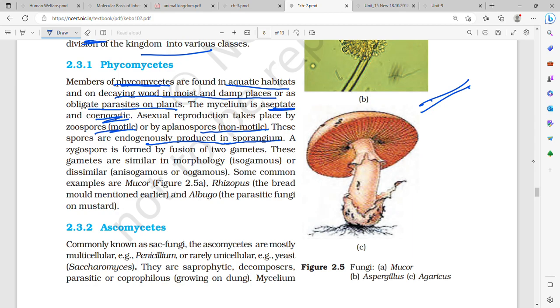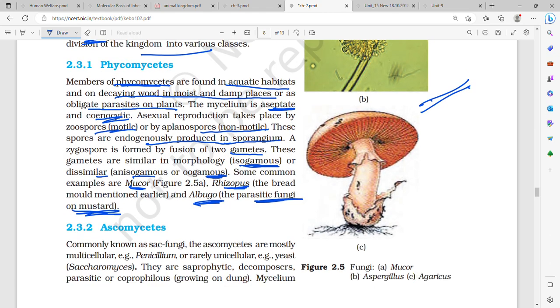A zygospore is formed by the fusion of two gametes. These gametes can be similar in morphology, isogamous, or dissimilar, anisogamous, or the male is small and the female is large, that is oogamous. Some common examples are Mucor, Rhizopus, and Albugo, which is the parasitic fungus on mustard.